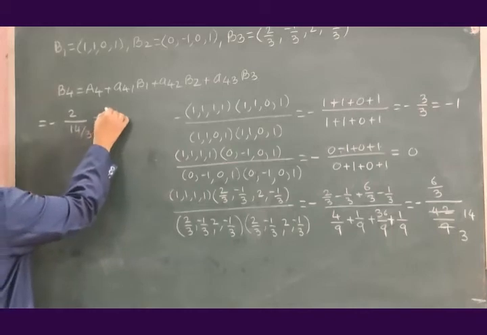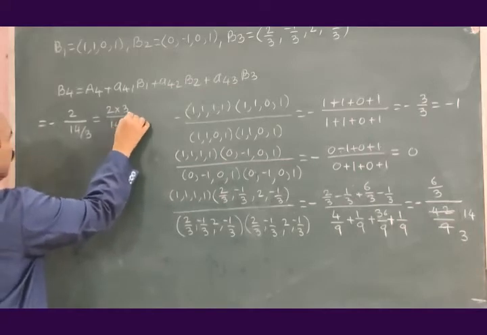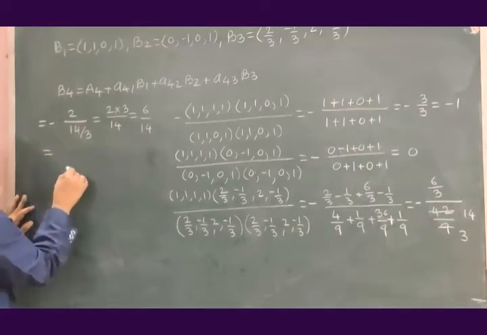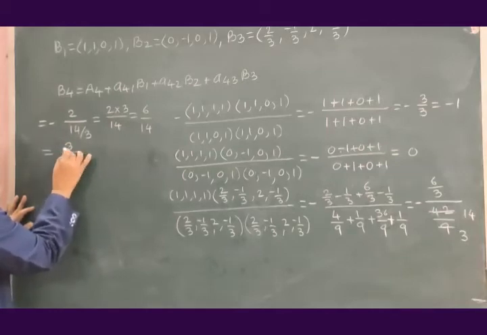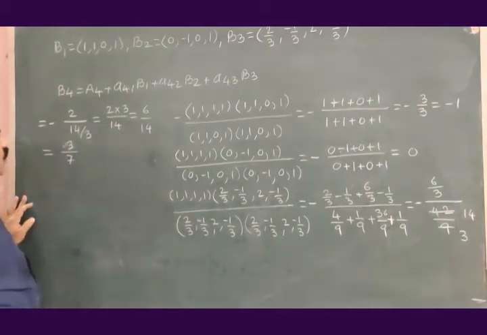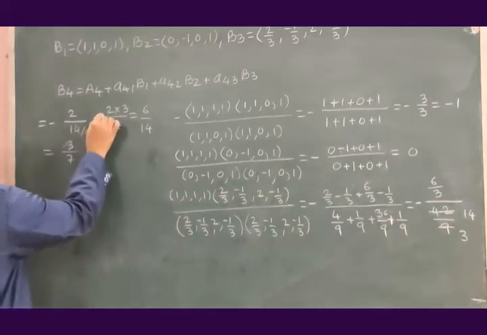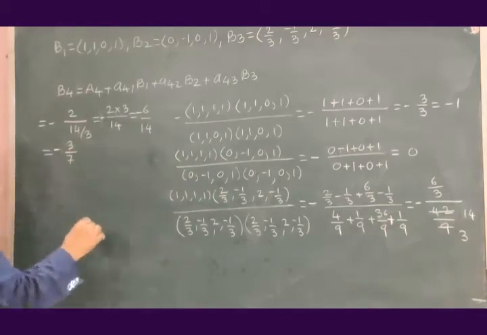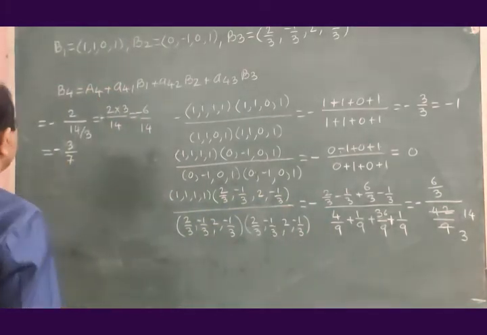That is nothing but 2 into 3 divided by 14. That is 6 divided by 14. This can be further. 2 3s are 6 and 2 7s are 14. So A43 is 3 by 7 with minus sign. Minus is there, yes. So it is with minus sign 3 by 7.